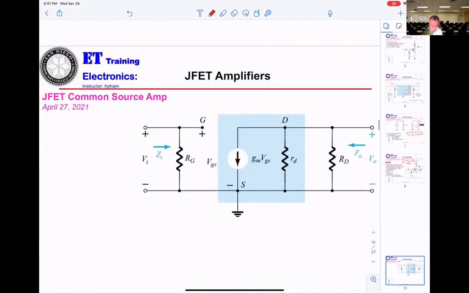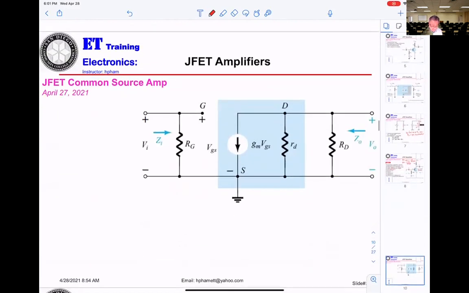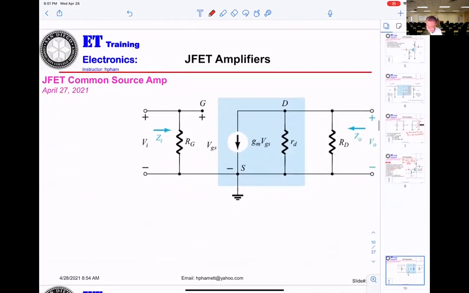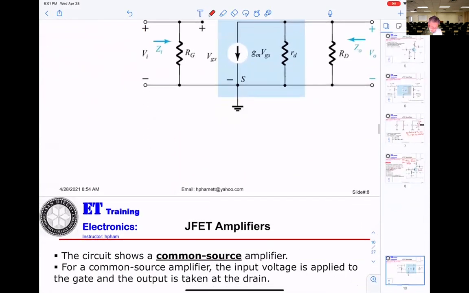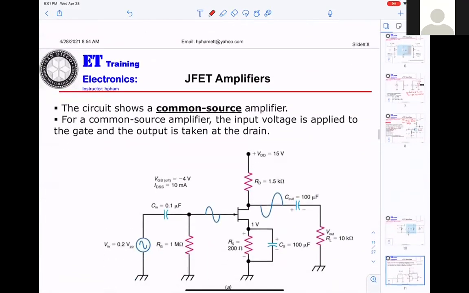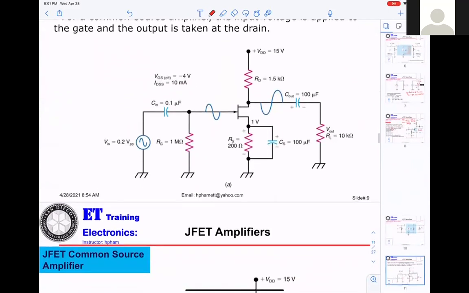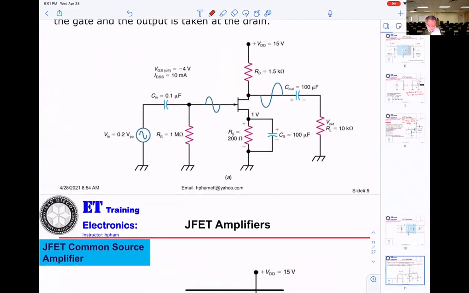Okay, now next, common source. We already did that, right? You can see on this circuitry, I like this kind of display. It is very good for the technician.